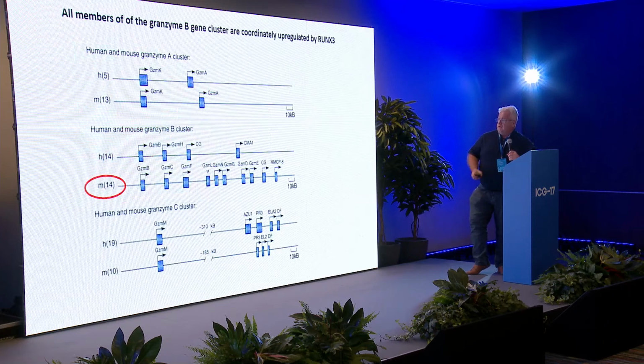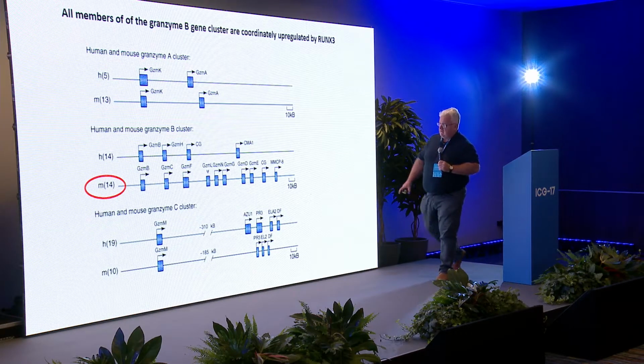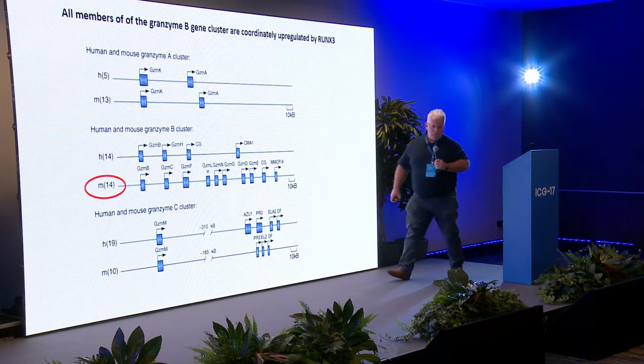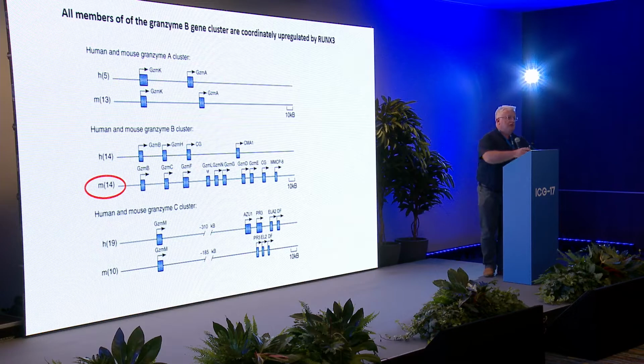It should be mentioned that actually all members of the granzyme B family were strongly and coordinately upregulated in case of the Runx3 overexpression. So this data suggests that Runx3 probably directly regulates the granzyme gene expression.